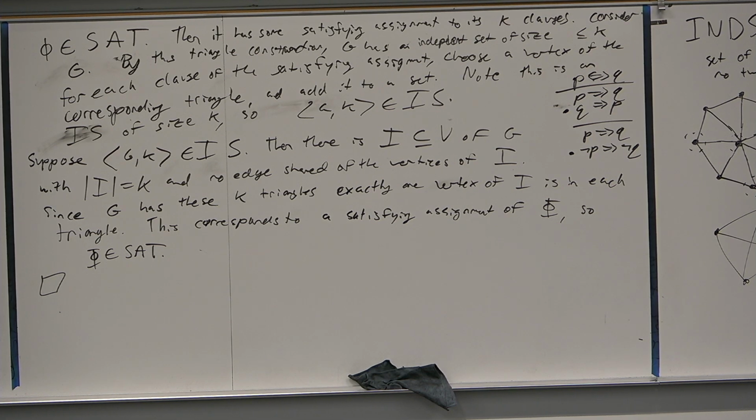There's actually one thing we forgot, now that I think about it. Not in the proof necessarily, but in the argument that independent set is NP-complete. Anyone know?